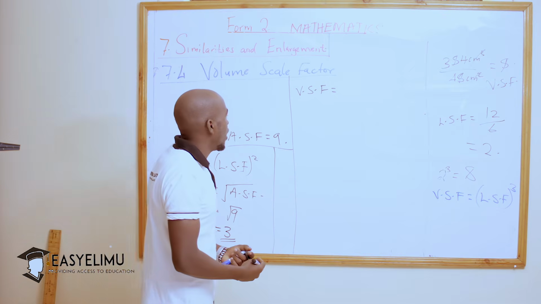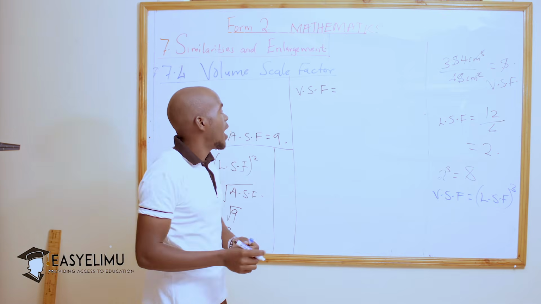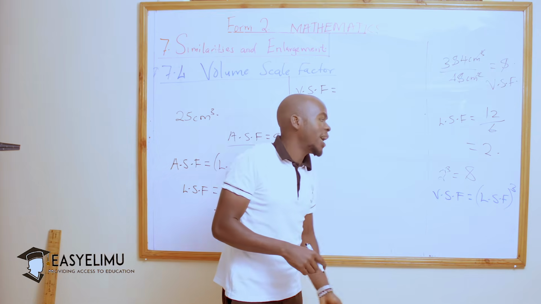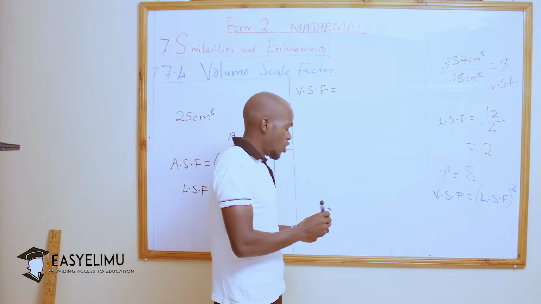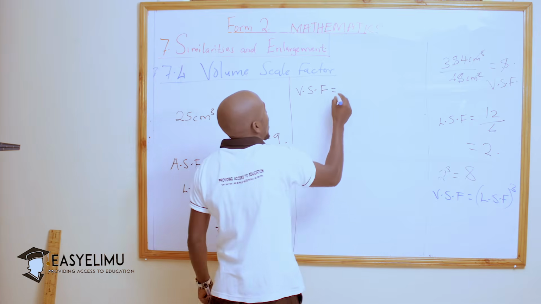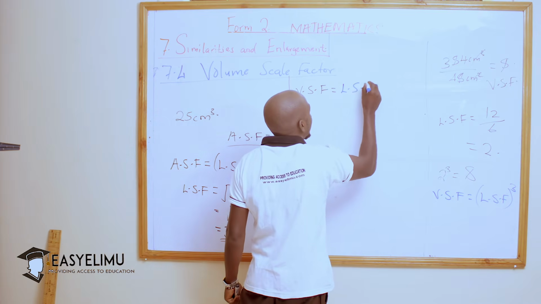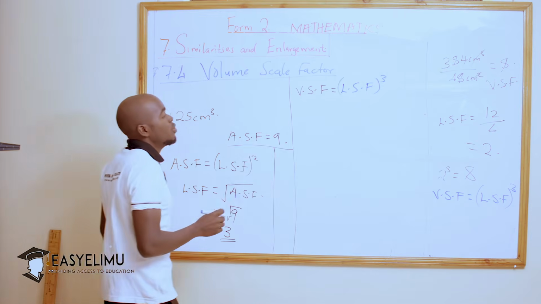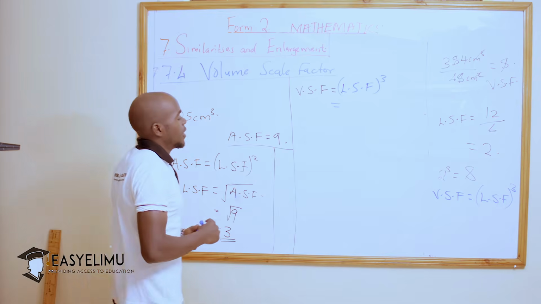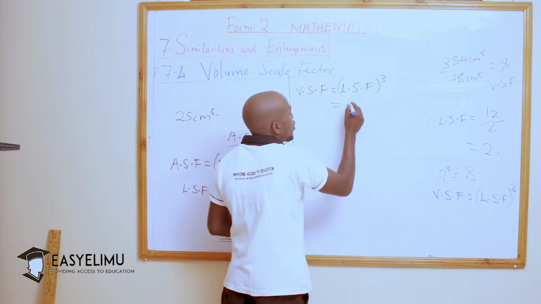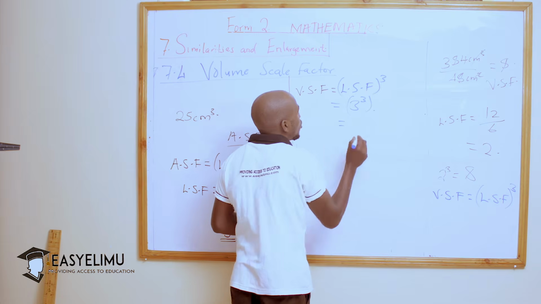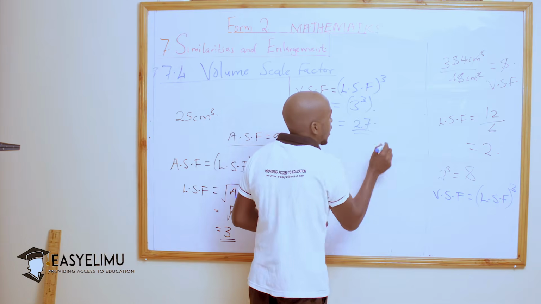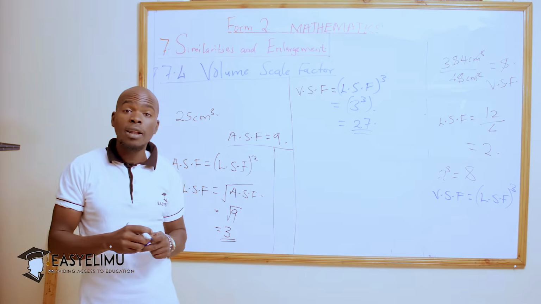From our previous session, if we square the linear scale factor, we find the area scale factor. So if we cube it, we shall find the volume scale factor. So here we take 3 cubed, and this is going to give us 27, and it has no units. So that is our volume scale factor.